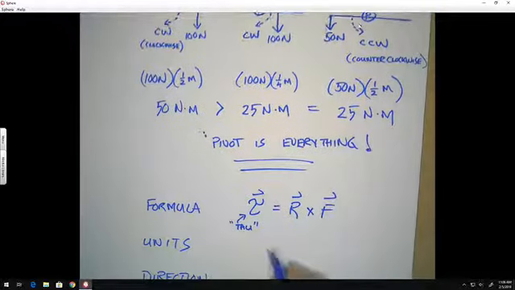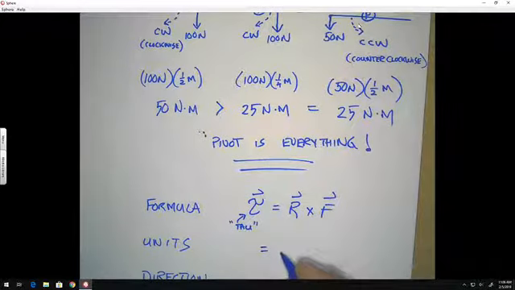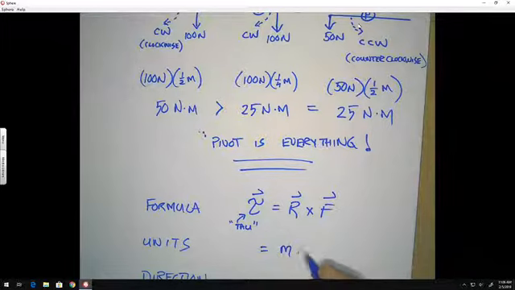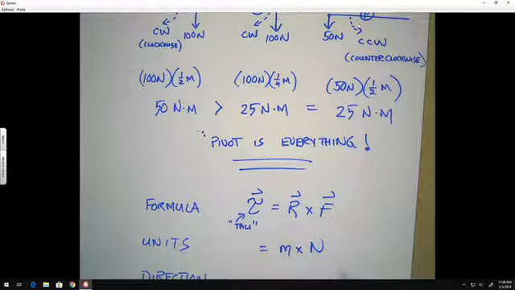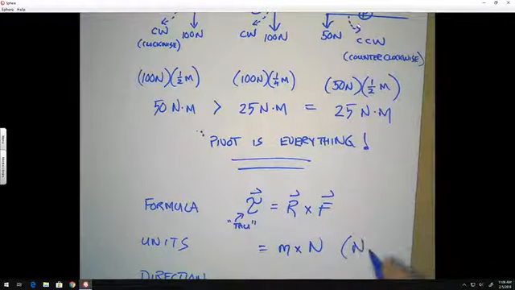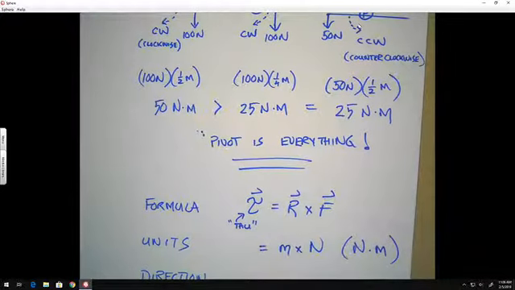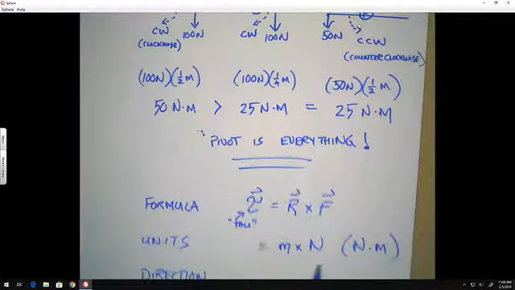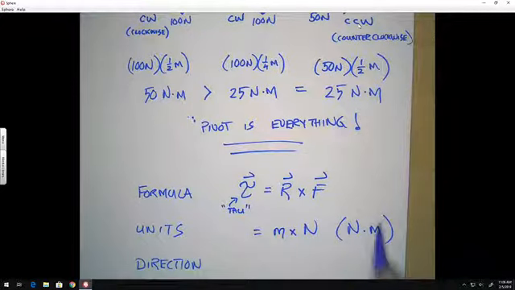Now, for units, we've already seen the units are going to be meters times newtons. Oftentimes, this is just written newton meters. It doesn't matter what order you put those in. And I'm just going to say here for now that these are not joules.